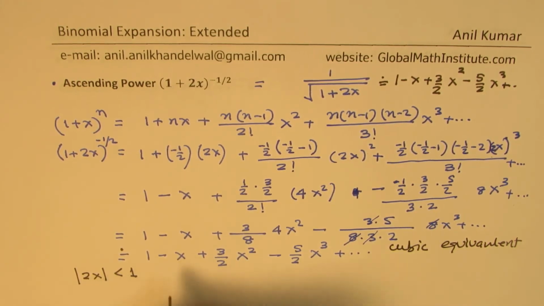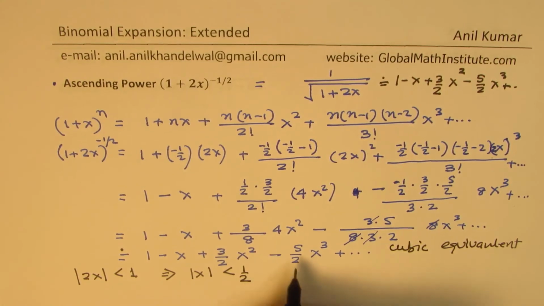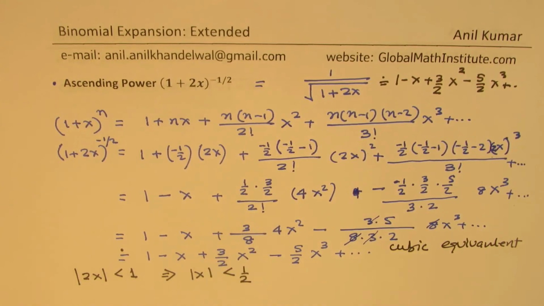That means that the absolute value of x should be less than half. So for this expansion to be utilized, it is necessary that the absolute value of x is less than half. Otherwise, you cannot use this expansion for evaluating approximate values of 1 over square root of 1 plus 2x. I hope that makes sense.